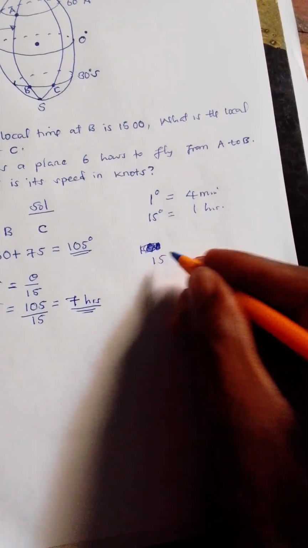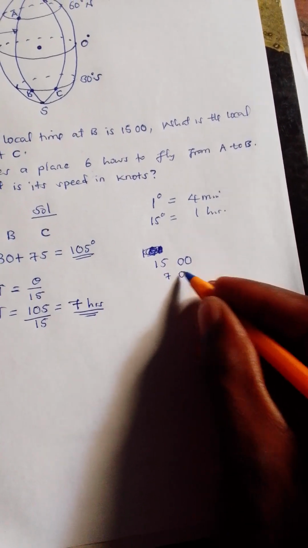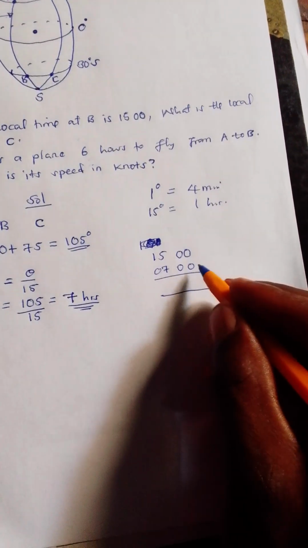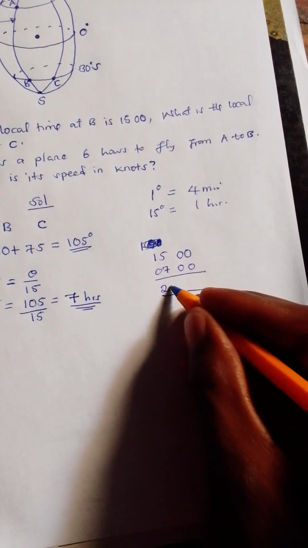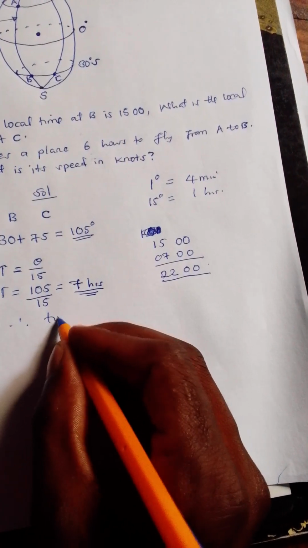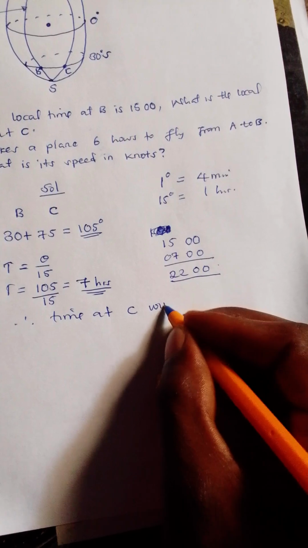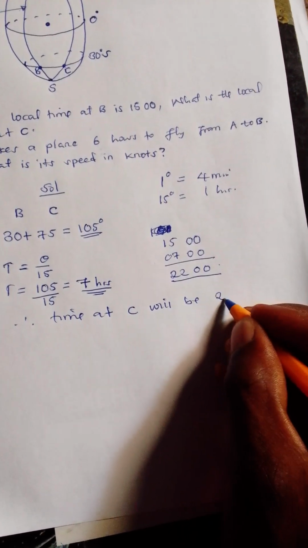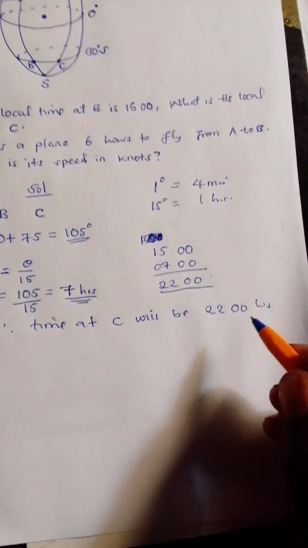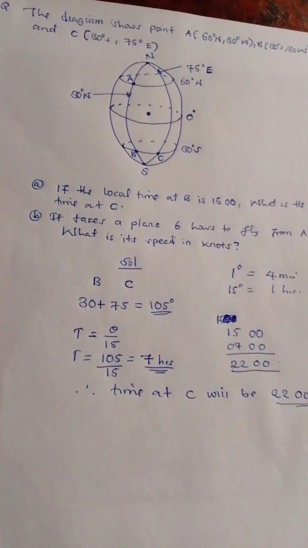We just write 15, and add 7 hours. So 15 plus 7 is 22 hours. Therefore, time at C will be 22 hours. Then this means that we have tackled the first question.